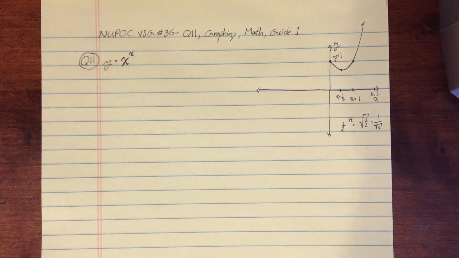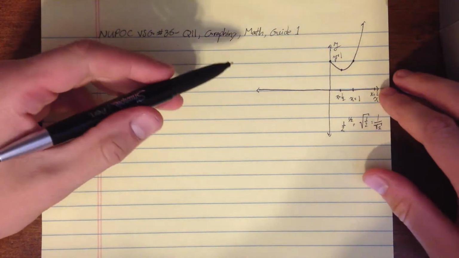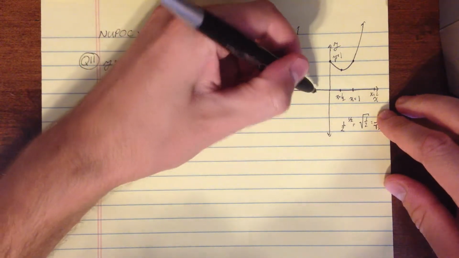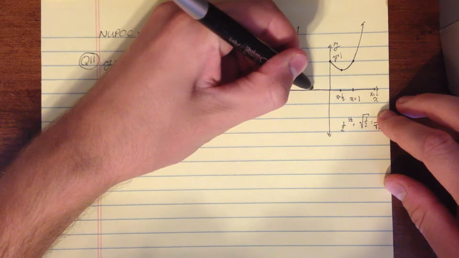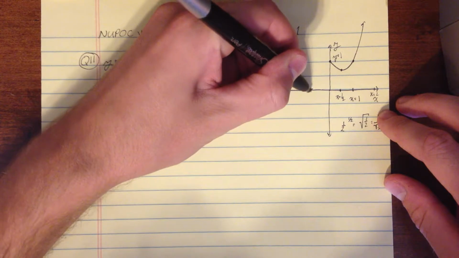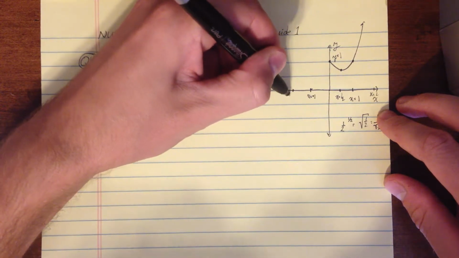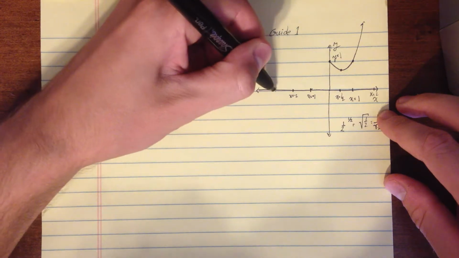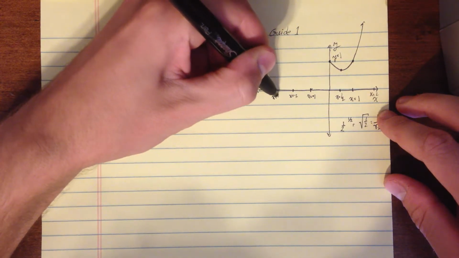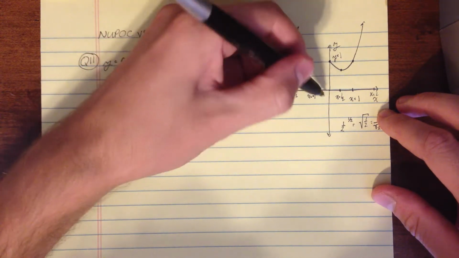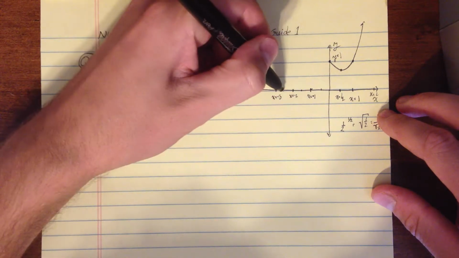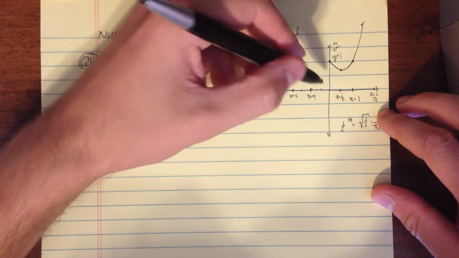Now let's just consider a few points here in the negative x direction. So let's say this is like x equals -1, x equals -2, x equals -3, etc. Maybe we'll have the half marks here, right?